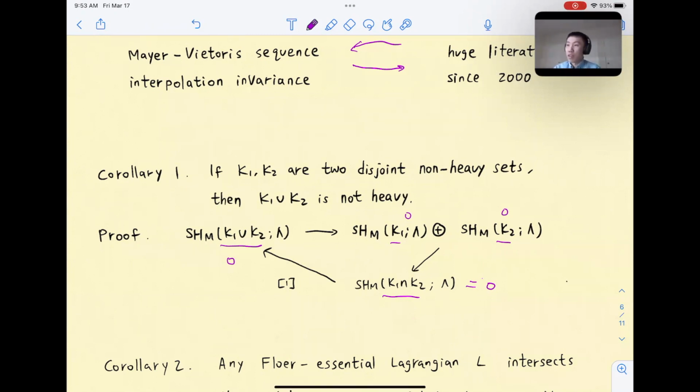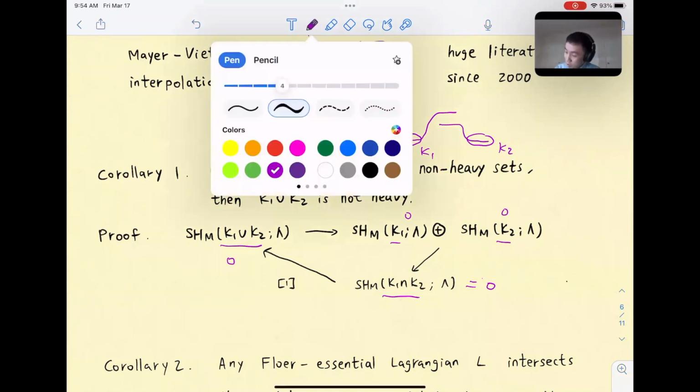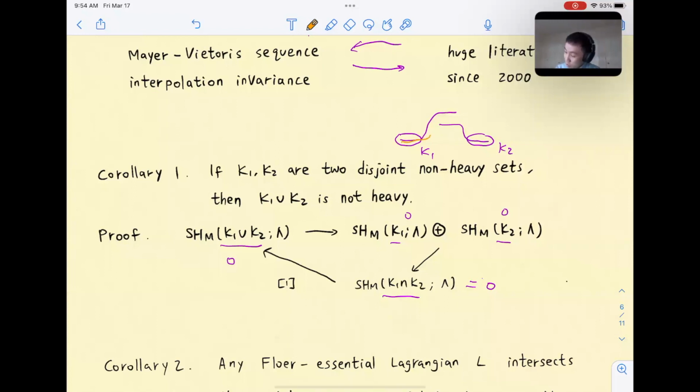This seems to follow directly from the Mayer-Vietoris sequence, but we are not sure whether there is a pure spectral invariant proof of this statement. Actually, this is related to some formula like this. Suppose we have K1 here, K2 here. In order to study whether K1 is heavy, we need to study a Hamiltonian function like this. For K2, we need a Hamiltonian function like this. For their union, we need a Hamiltonian function like this.